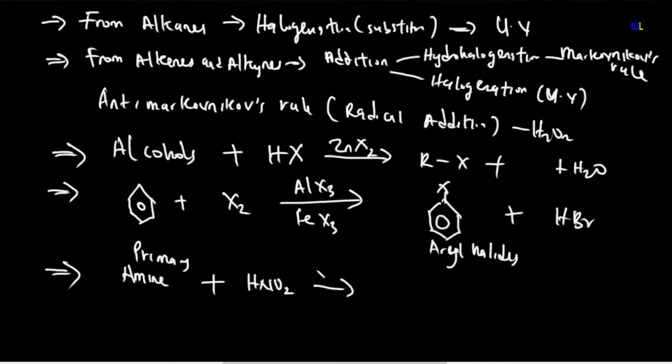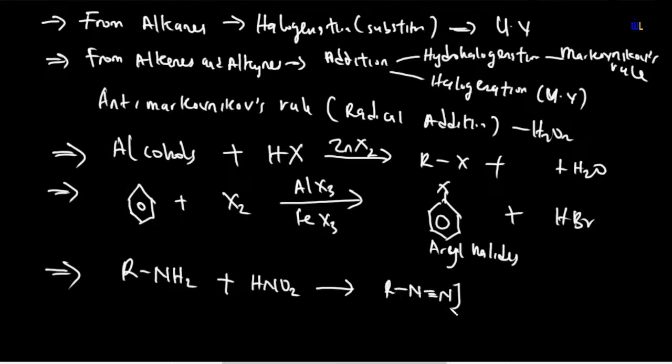Have that in mind: the amine used in the production of haloalkanes is a primary amine. So imagine you have, for instance, an aryl group attached to NH2, reacting with nitrous acid. The product of that reaction is going to be the aryl group attached to N triple bond N, which in this case is unstable. So this is a diazonium.